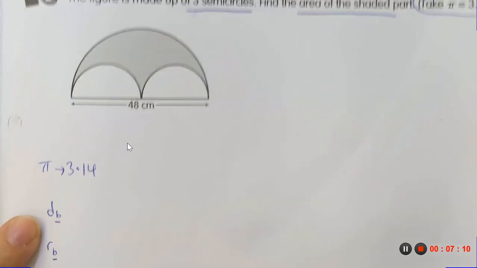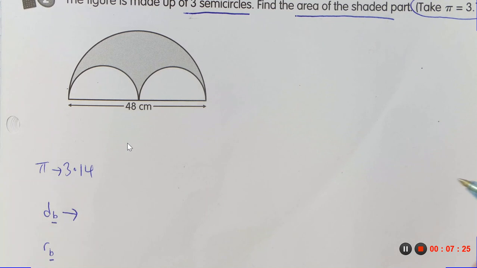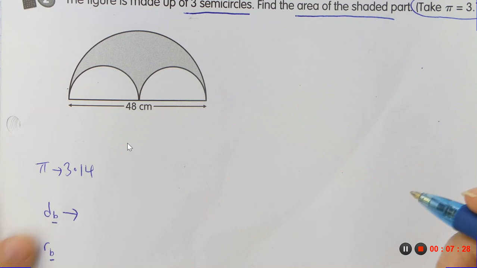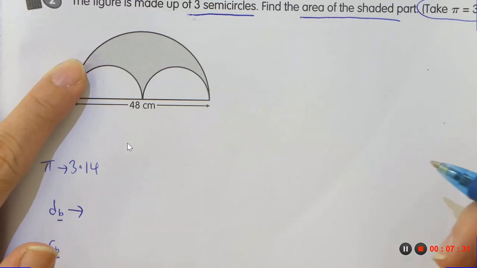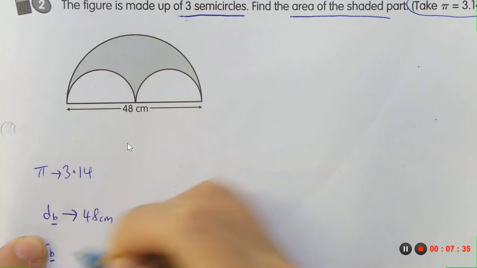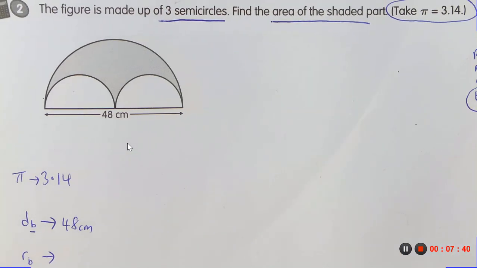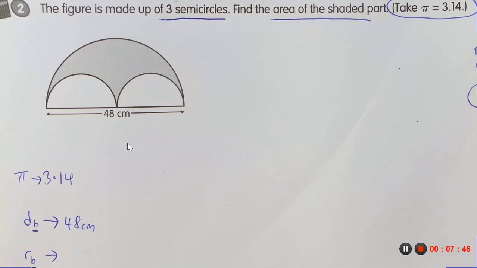Let's ask Elena. For the big semicircle, what is the diameter? Taisha, have you passed the mic down? You did. Elena, what is the big semicircle's diameter? 48 centimeter. Very good. Then Marianne, what is the big semicircle's radius? 24.